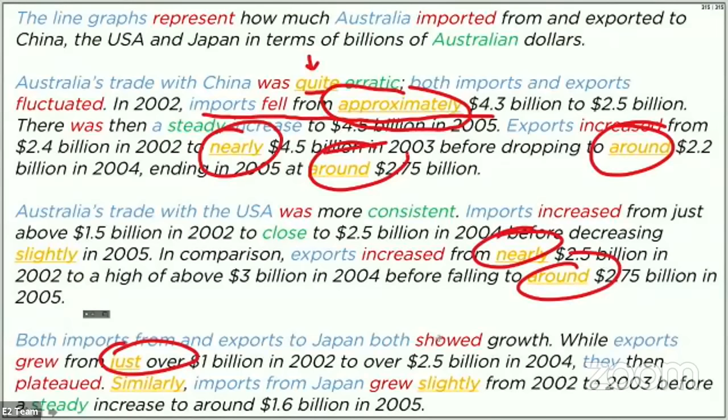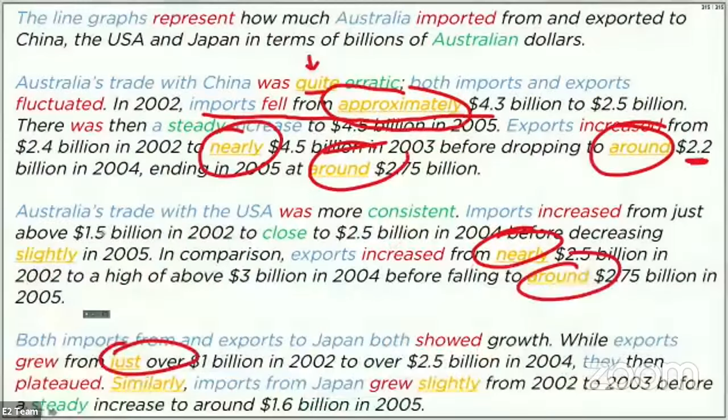Then we've got some different ones. These ones, around, approximately, nearly, just over, are different ways of saying approximately or close to. Because we can't be exactly precise, they allow us to say that and the examiner will go, okay, that's good enough. That's as close as you can get. Now there's a few more here.